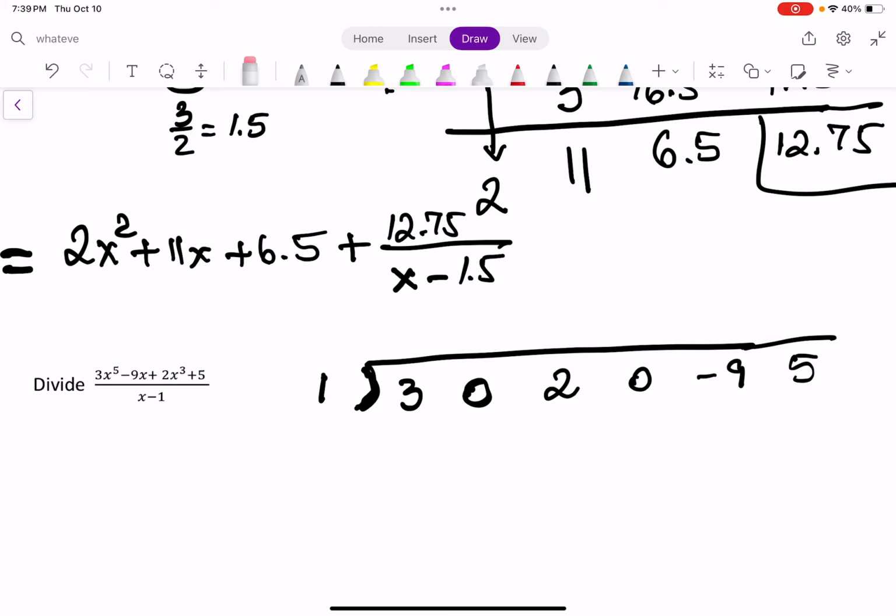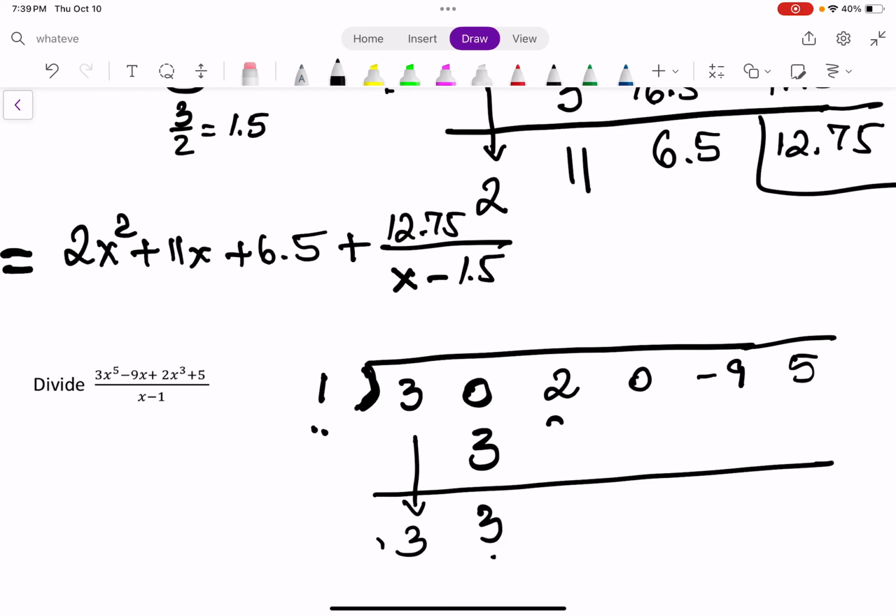So leave some space, bring down the 3. 3 times 1 is 3, add them up. 3 times 1 is 3, add them up. 5 times 1 is 5, add them up. 5 times 1 is 5, add them up. -4 times 1 is -4, add them up.